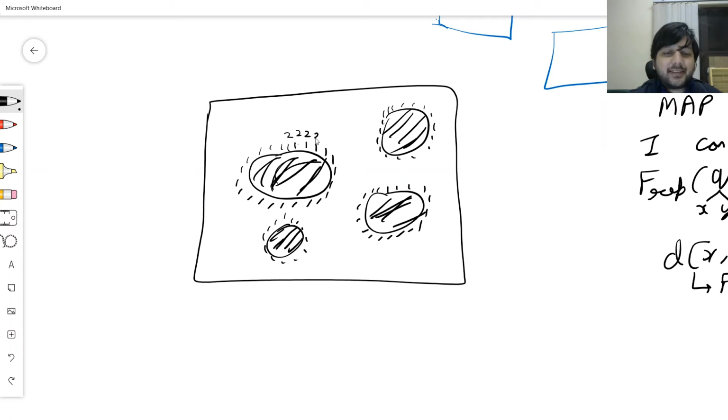These points are at a distance of 2 from the obstacle boundary. These are at a distance of 3 from the obstacle boundary, and so on.